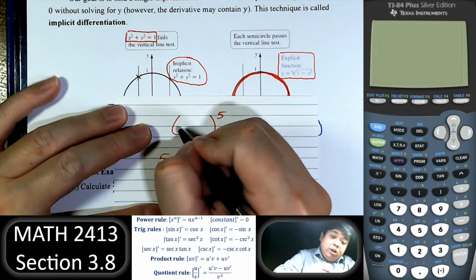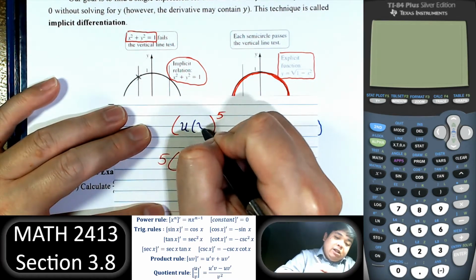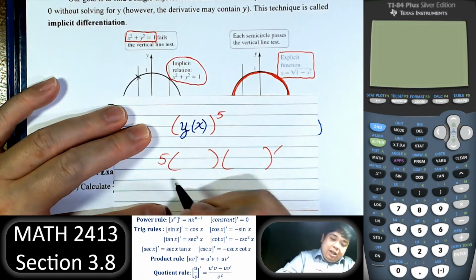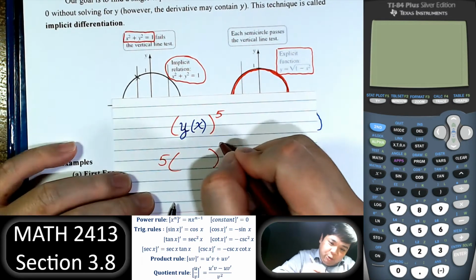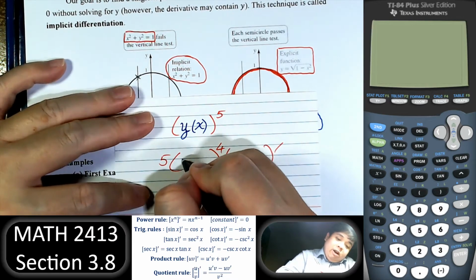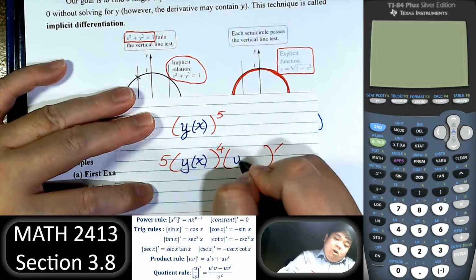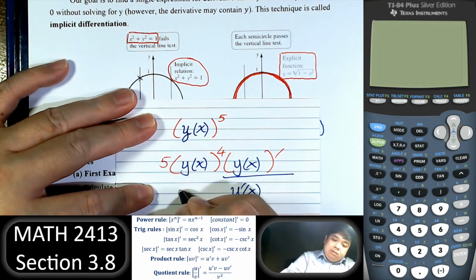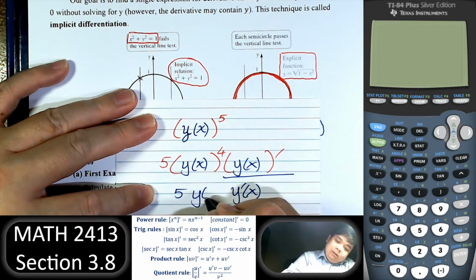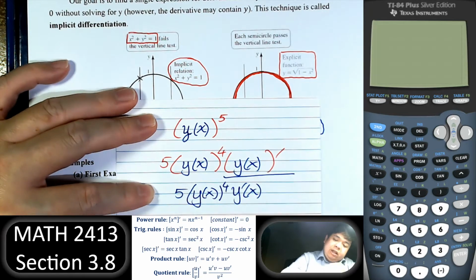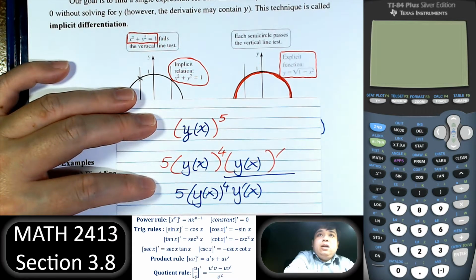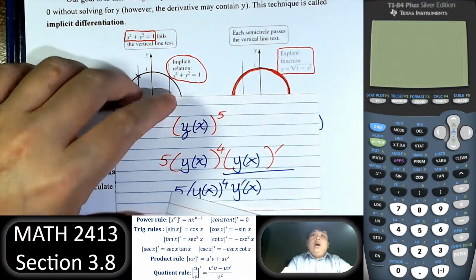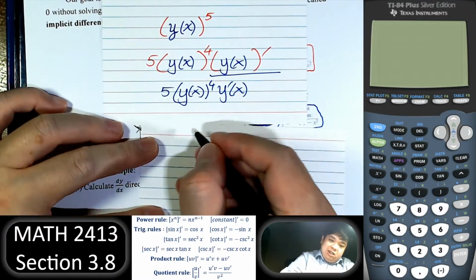Now if I want to, I can put a function of x in it. It could be even y of x. Then I have, oh sorry, forgot the 4 here. Then we have 5 y of x to the 4th, times the derivative of y of x, which is just y prime of x. Let's go one step further.